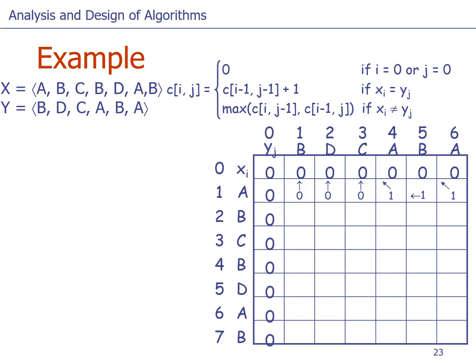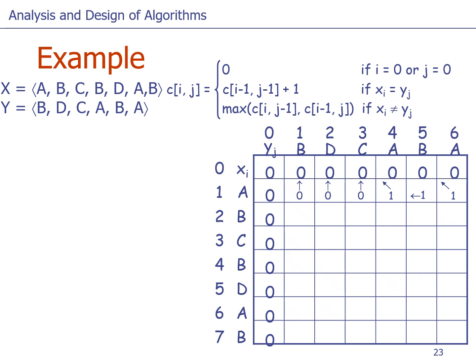So since X has one A, it can only match with one of them. So I've already matched X with the A in the fourth location when that was the last letter in that earlier problem I was solving. So now if I match this, I'm going to again grab the solution without the current letter in X and the current letter in Y, and add 1 to it.